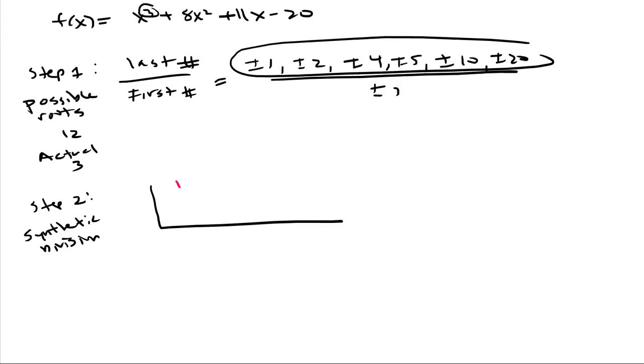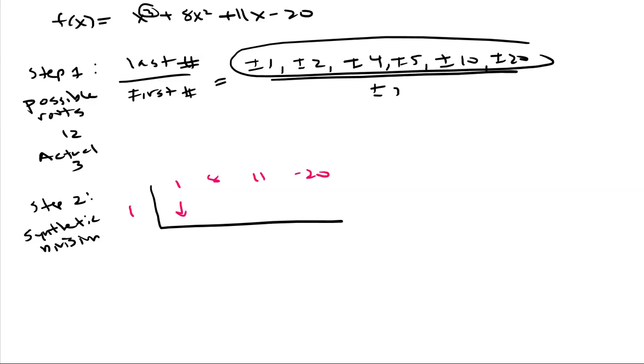So we have 1, 8, 11, and minus 20. Like I said, I like to use the lower numbers first: 1, -1, 2, -2, okay? Because most of the time, if I find those roots, then I can find the other ones. So in this case, I'm going to use 1.